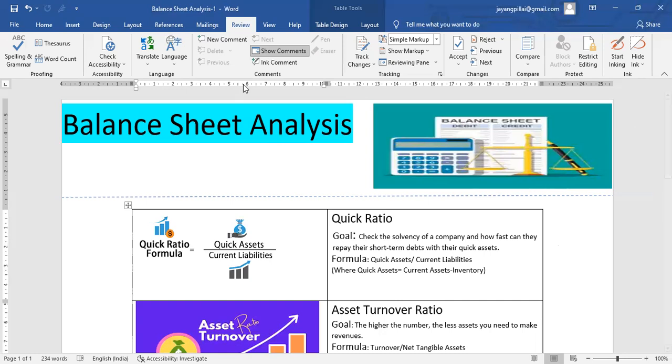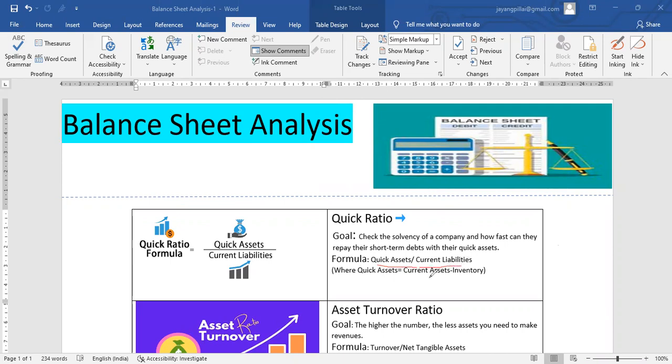The first one is quick ratio. Here we can see a formula. Quick ratio is a relation between two variables: quick assets and current liabilities.